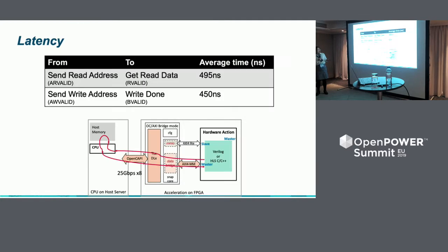Okay, and about the latency. We measure latency in this way. Because this is an AXI interface, we send the AXI commands from here, and we get the data or response, going through all of the link to the host memory subsystem, and we go back and get it here.